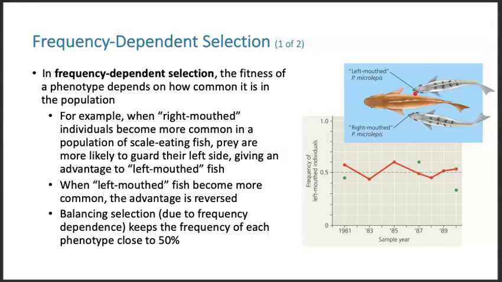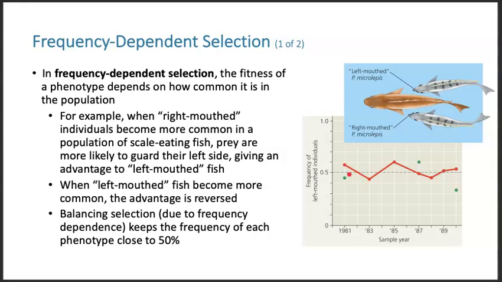And what happens is that makes the ones that have the left side mouth better able to survive to reproduce because they're not being noticed as often. So they're better able to survive to reproduce, and then the next generation of these prey fish start looking out on their left side because they're being nibbled more on that side of their body. And so the ones with the right mouth can get away with more food and so forth.